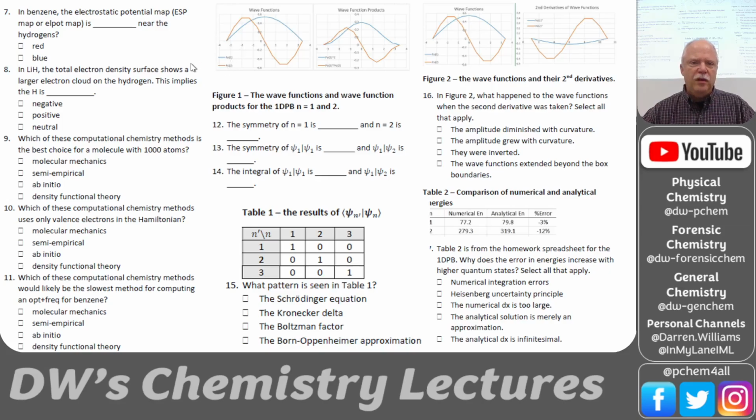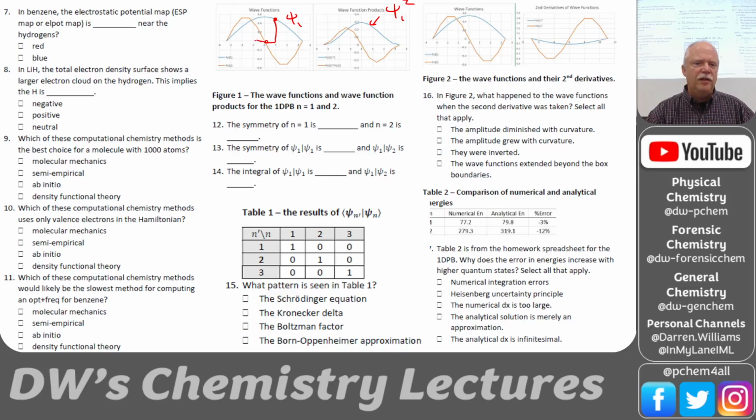Okay, so we have up here the wave function and the wave function products. It's a little hard to see on the screen, but this blue is psi 1, and this blue is psi1 squared. So the symmetry of n equals 1, or wave function 1: we start at the origin, go to the right a certain distance and evaluate the wave function, and it's a positive number.